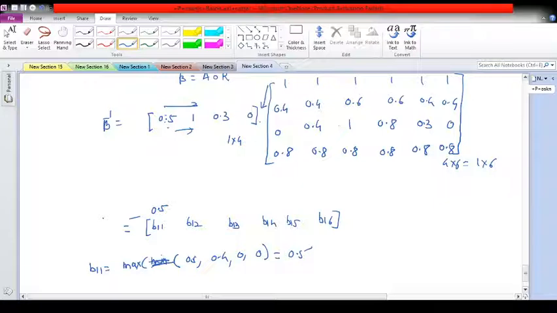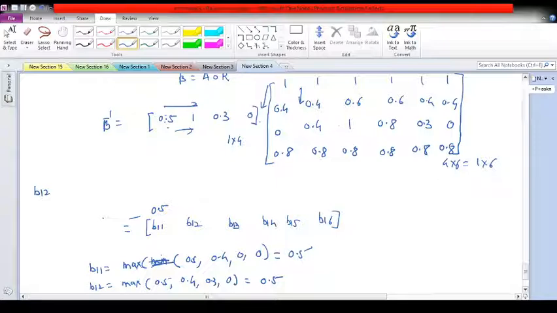Similarly calculate b12. For that, take the first row with the second column. 0.5 with 1, minimum is 0.5. 1 with 0.4, minimum is 0.4. 0.3 with 0.4, minimum is 0.3. 0 with 0.8, minimum is 0, and the maximum is 0.5.